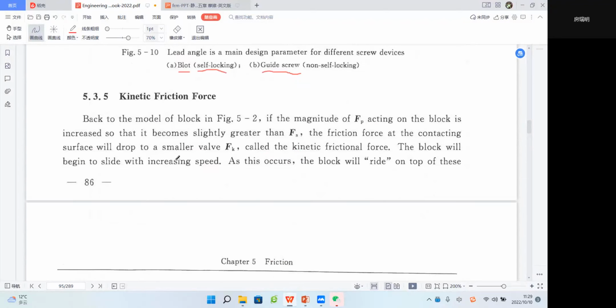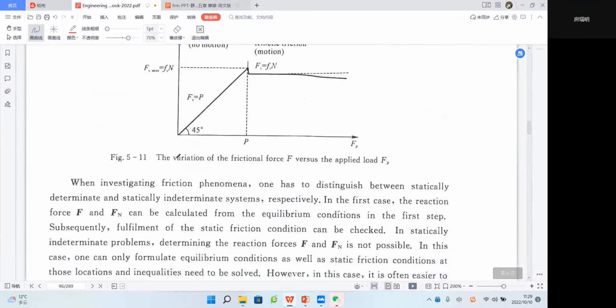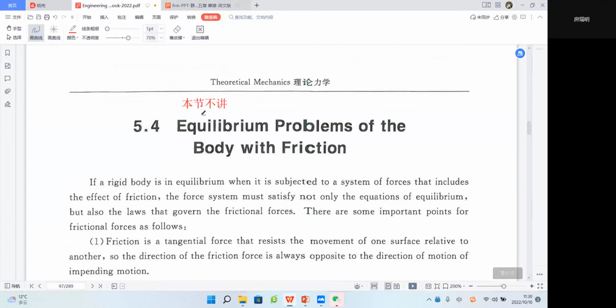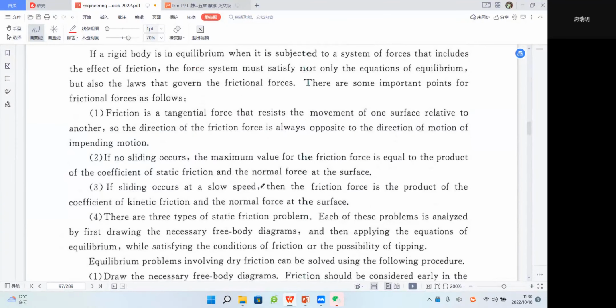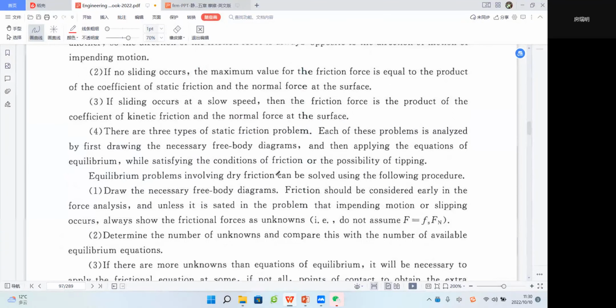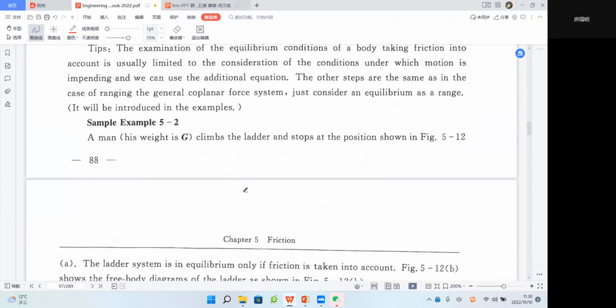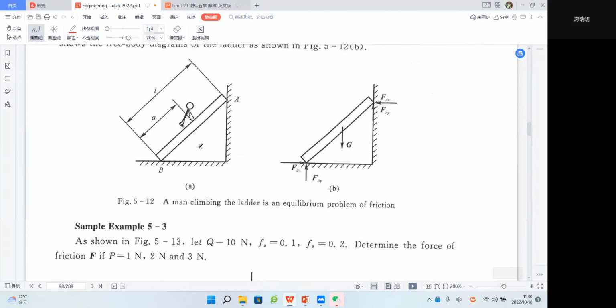Another section, the equilibrium problem of the body with friction, I think we will skip, because this topic is too difficult for you guys. If you are very interested, you can look at this content by yourself. If you have some questions, you can discuss with me.